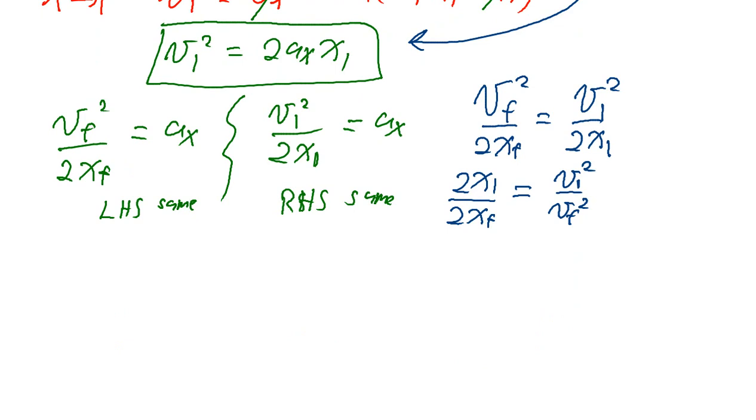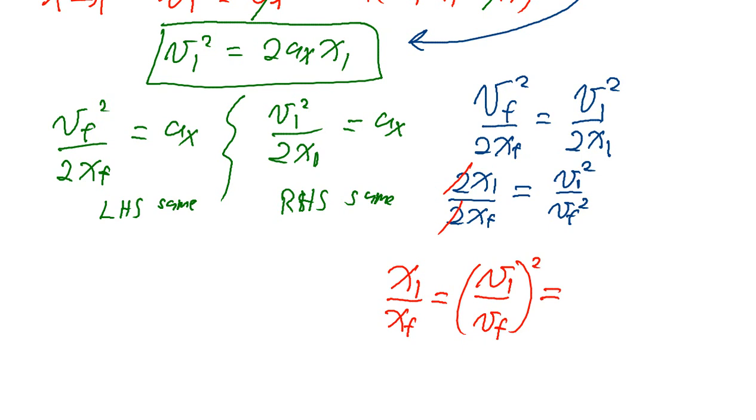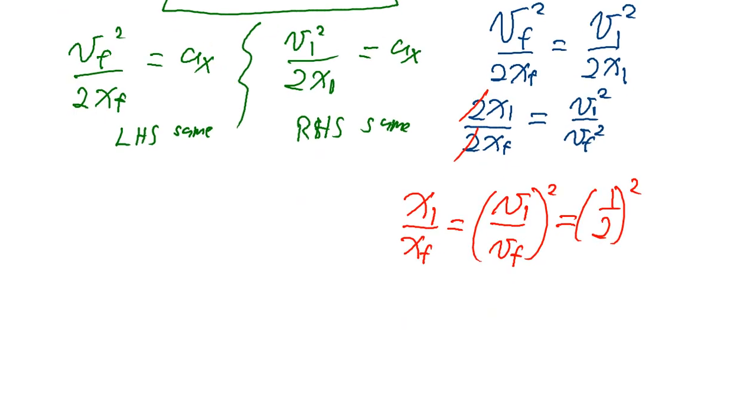So I have x1 over xf equals the quantity v1 over v final, squared. v1 over vf is given to be 1/2, so x1 equals xf times 1/2 squared.